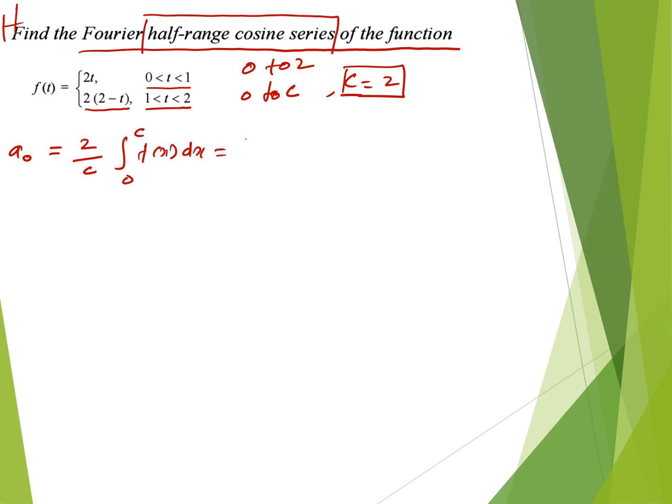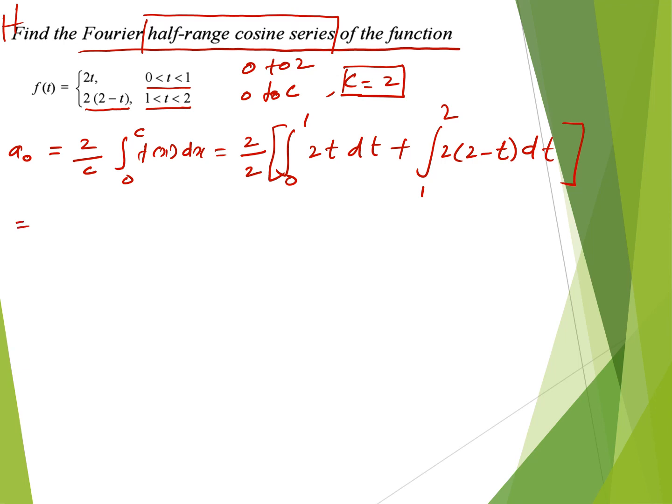Over here substituting, 2 upon the value of c is 2, integration 0 to 2, we are just splitting it, 0 to 1 the function value is 2t dt plus 1 to 2 the function value is 2 minus t dt.